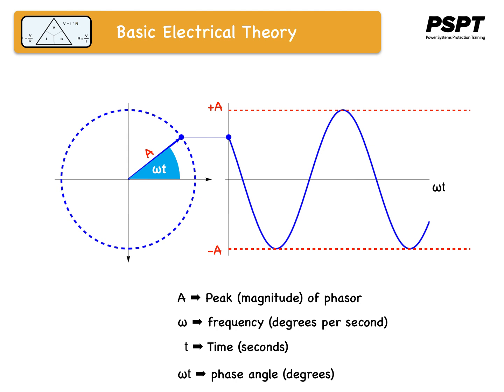So omega t, if you take frequency in degrees per second and multiply it by time, that will give you a phase angle, or an angle. And that's what's projected along the time domain axis. You can see omega t. So what it's tracing out there is the number of degrees over a period of time.